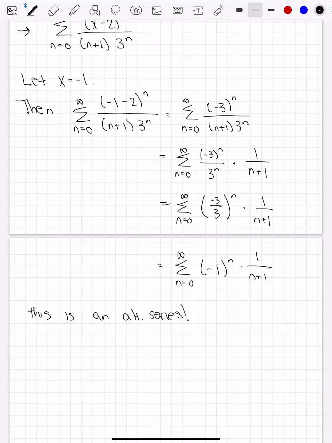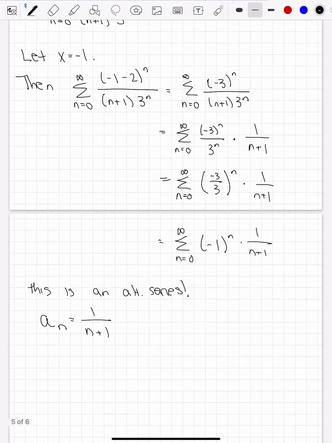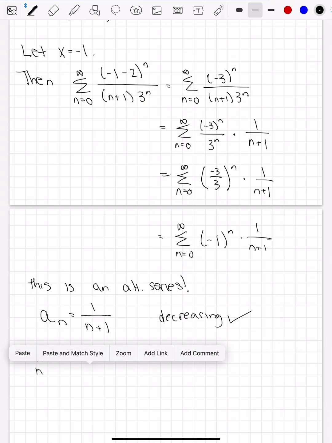For the alternating series, remember, we take out the -1 part, so we're looking at just the other part, which in this case is 1 over n plus 1, and we know that that's decreasing, because as we increase n, we keep dividing by bigger numbers, so it gets smaller and smaller. And we know that the limit of 1 over n plus 1 is 0.